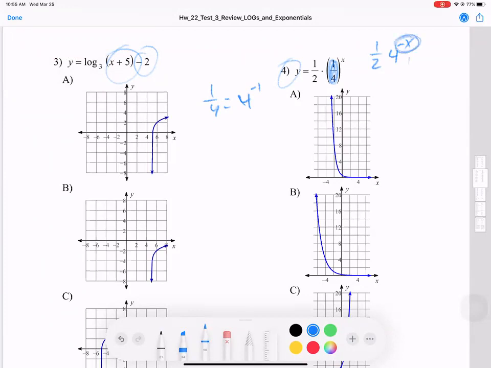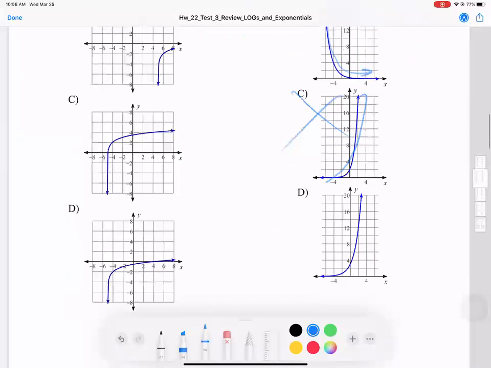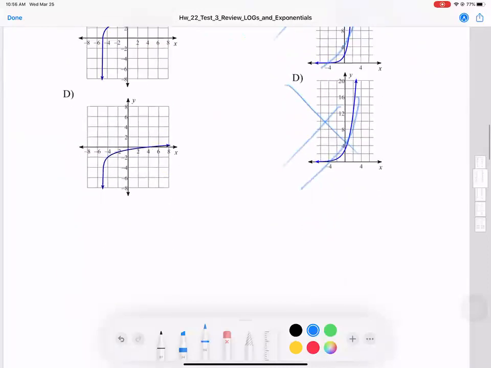If I plug in 1, 2, and 3, don't they all become negative? That means they all become fractions. So it's 1/4, 1/16, 1/64, I think. Yeah, 64. So the numbers are getting smaller as x gets bigger.